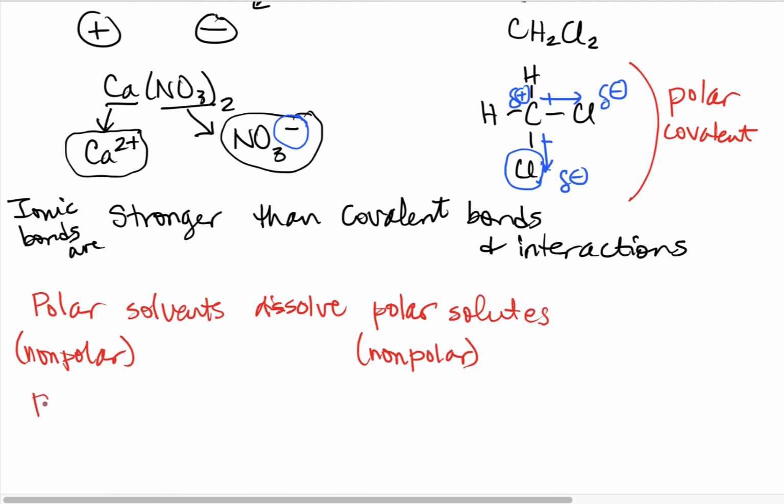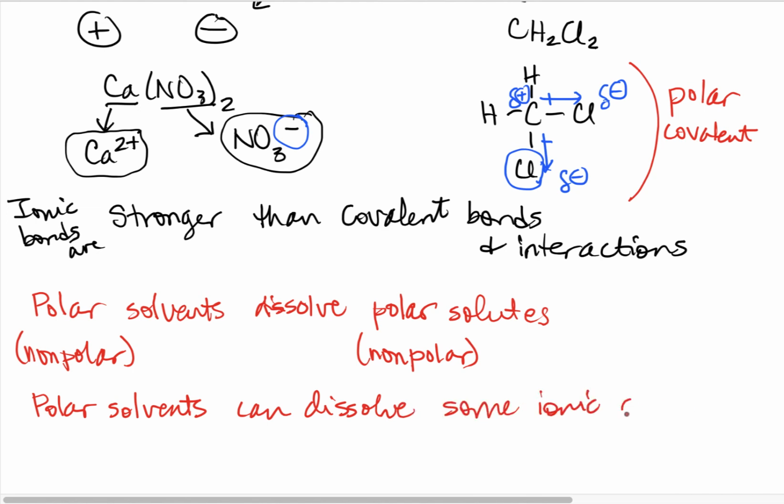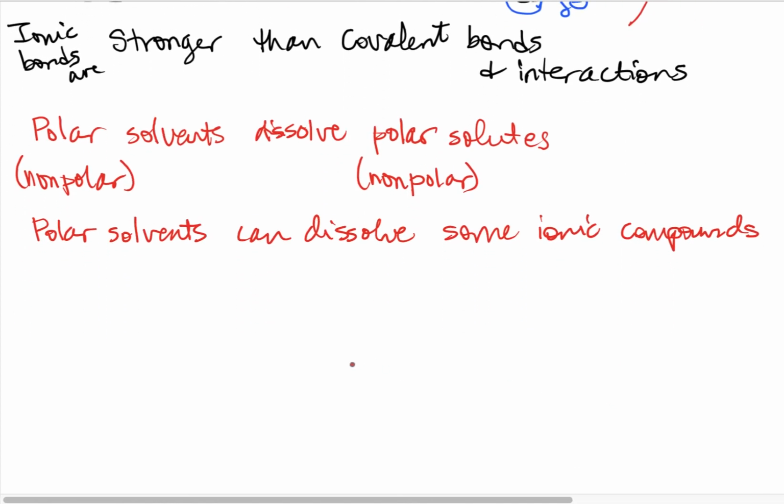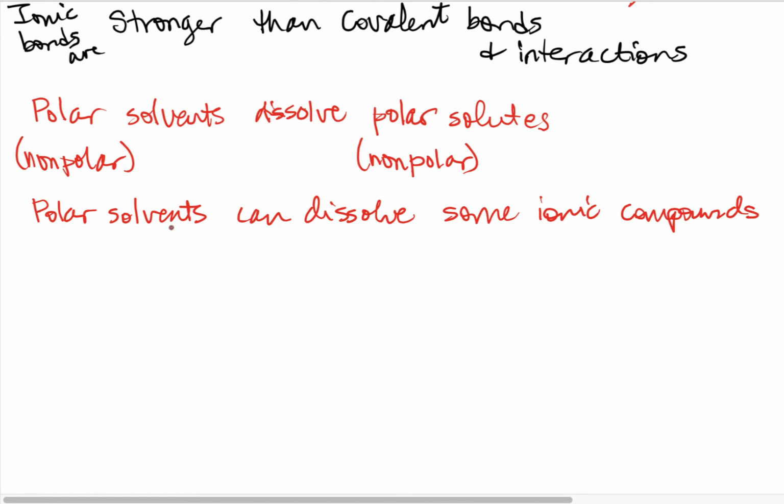But the truth is that polar solvents also sometimes dissolve some ionic compounds. And what happens when we dissolve those ionic compounds is that even though that ionic bond is really strong, when we dissolve an ionic compound, the ionic compound dissociates.